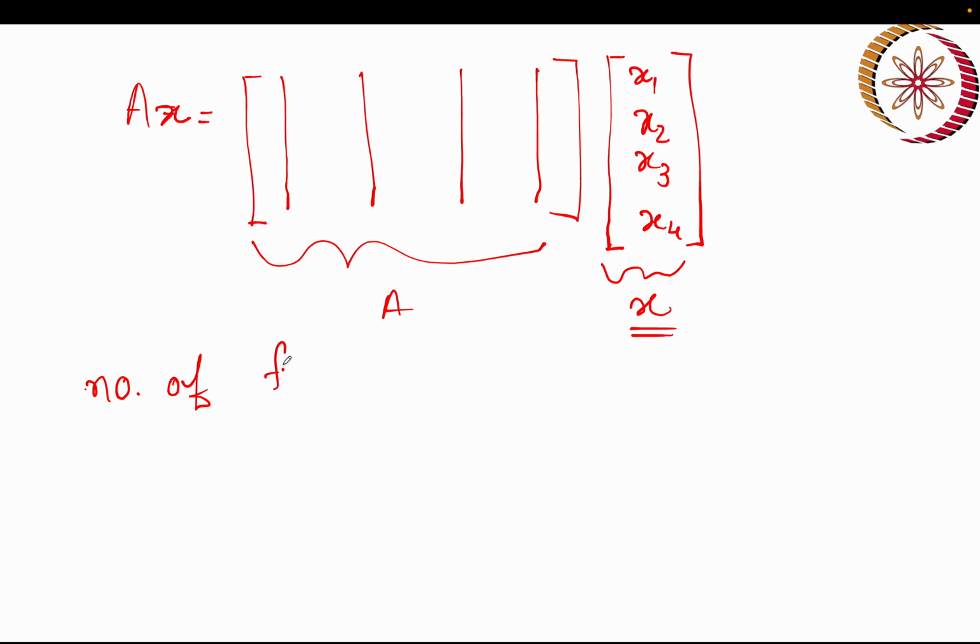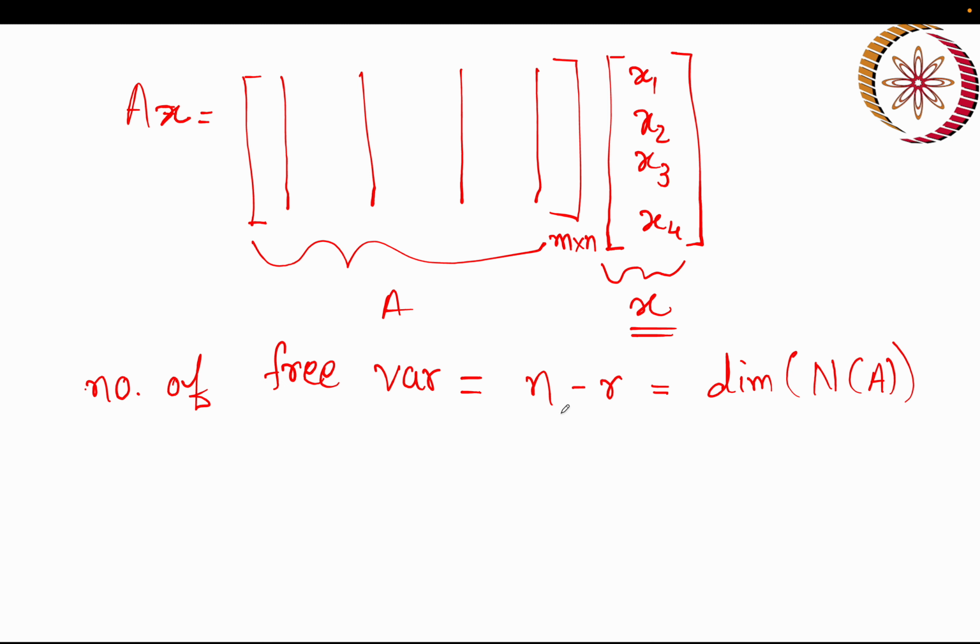There are n columns, so n minus rank will be the number of free variables, and that is nothing but the dimension of the null space of A. X can be written as V1 times C1, where C1 is the first free variable, plus C2 times V2, where C2 is another free variable.